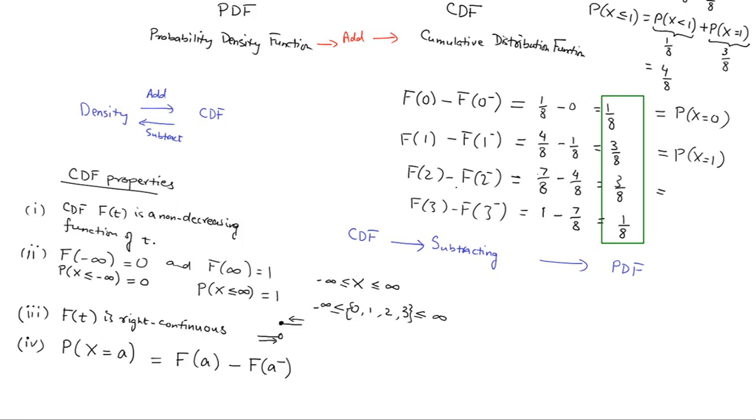CDF of 2 minus CDF of 2 minus gives you probability of X equals 2, and similarly. Okay, this was a very, very important property.